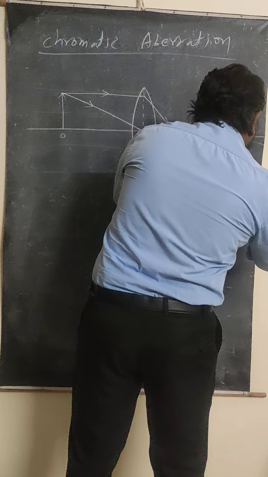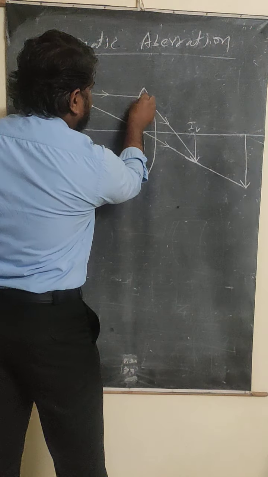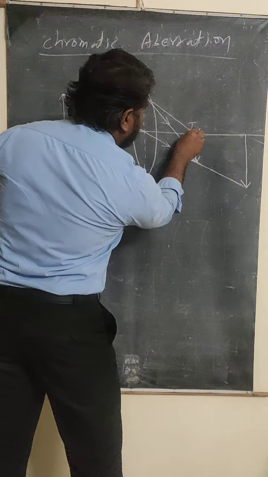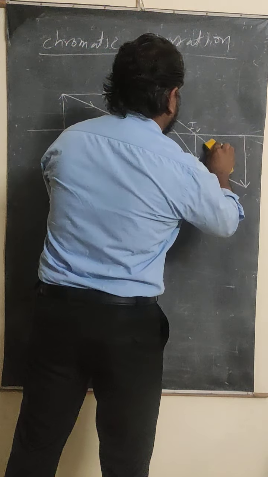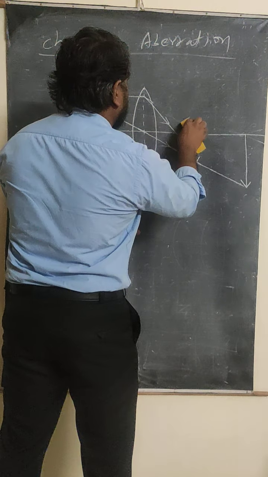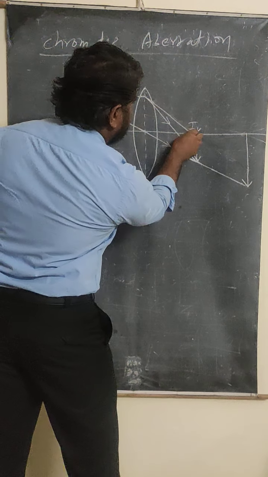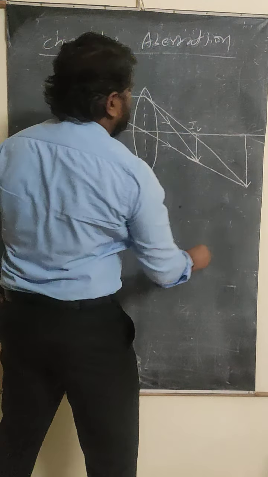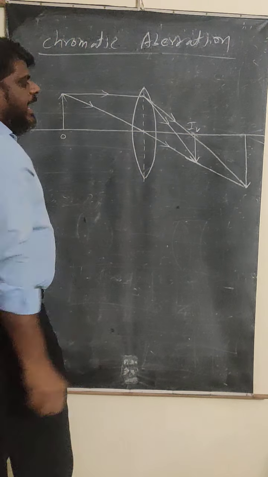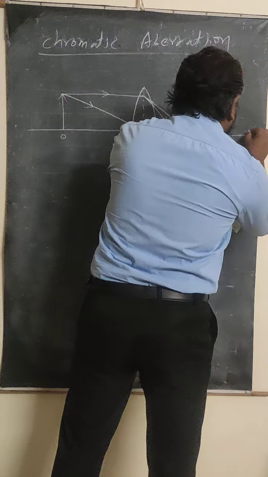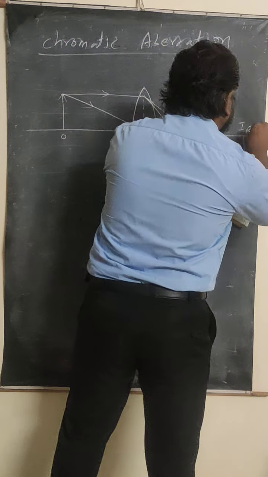Here another image is produced, and this also refracts again and forms the image in this direction, and the image produced here is called IR.